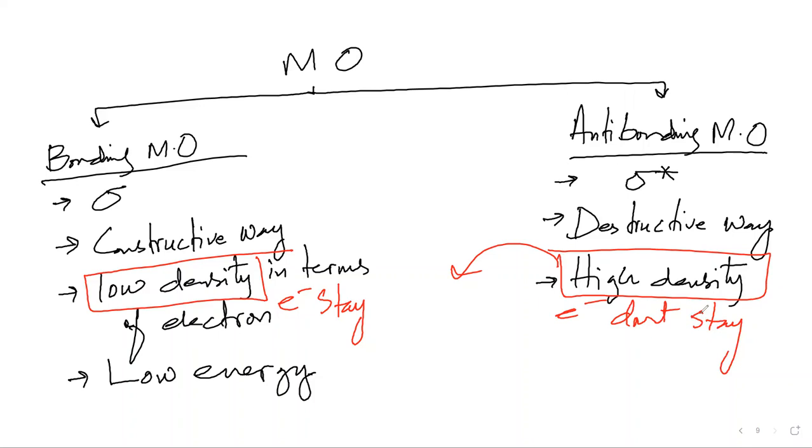So due to the high energy, the low density of electrons will be there. High density means electrons want to stay there at the lower energy, and low density means electrons don't move there, as electrons remain in the lower energy level.